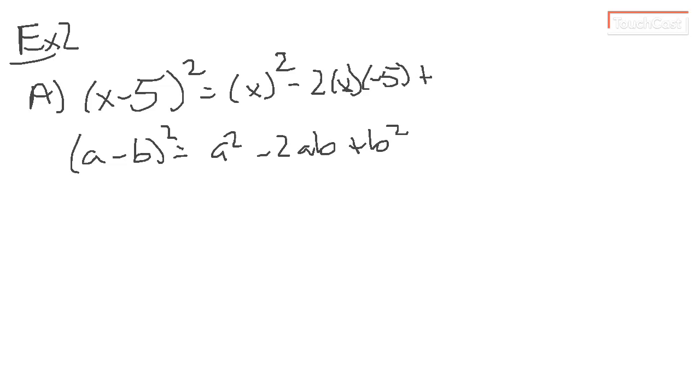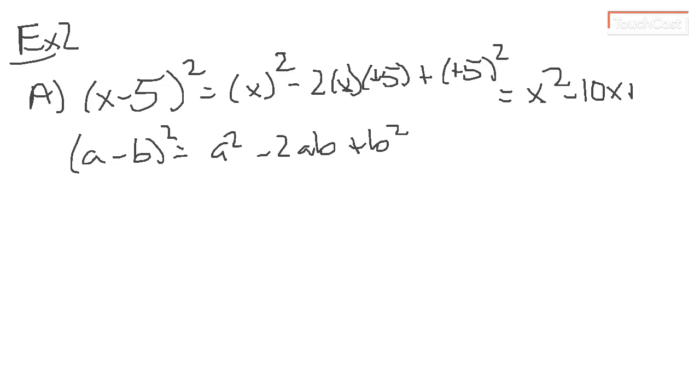plus negative 5 squared. In fact, real quick, I should not have put a minus with that negative 5. That should be just a 5, and this 5 should also be just a 5, not negative. X squared is just going to give us x squared. 2 times x times 5 is going to give us a minus 10x.